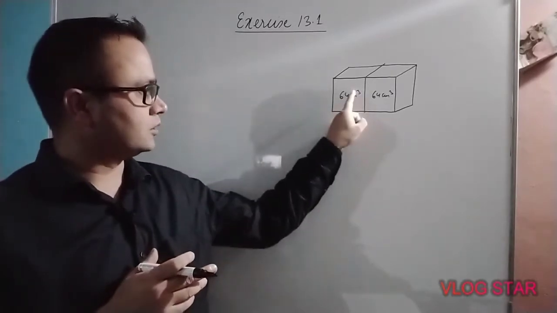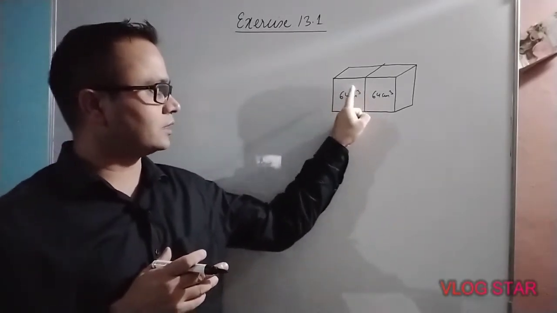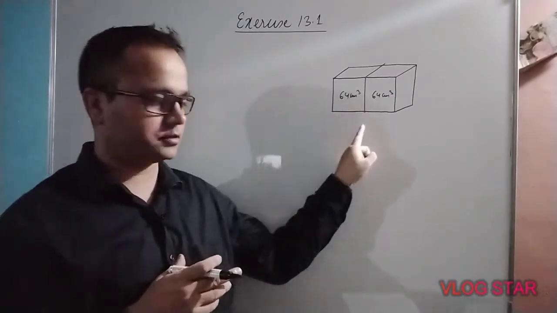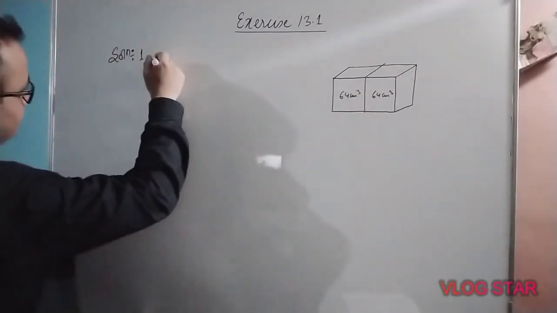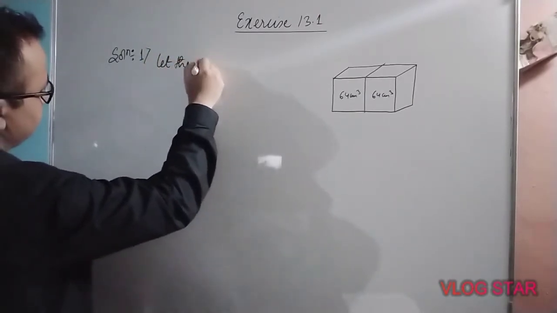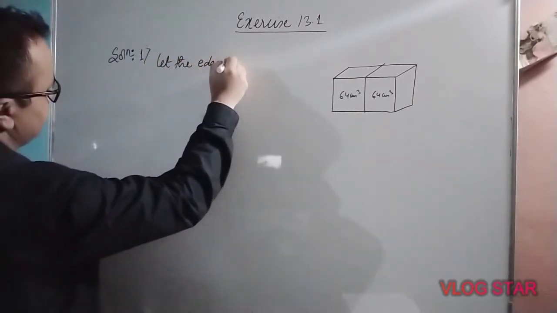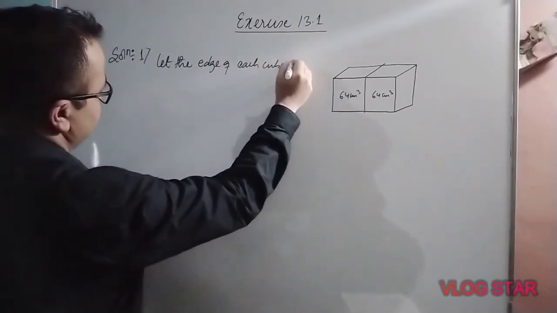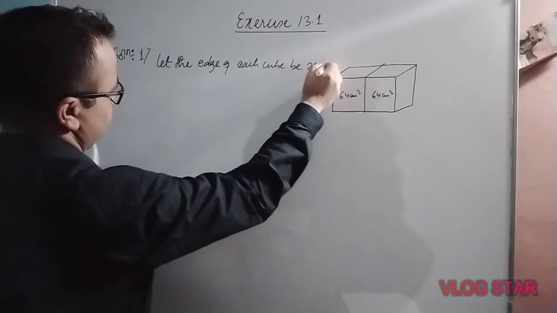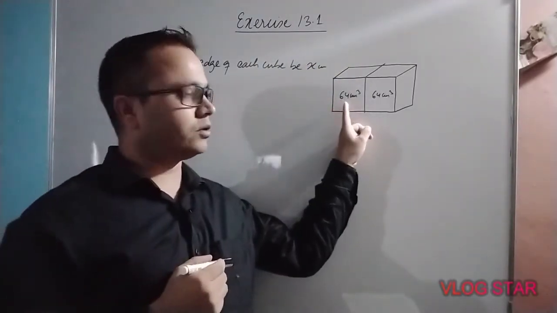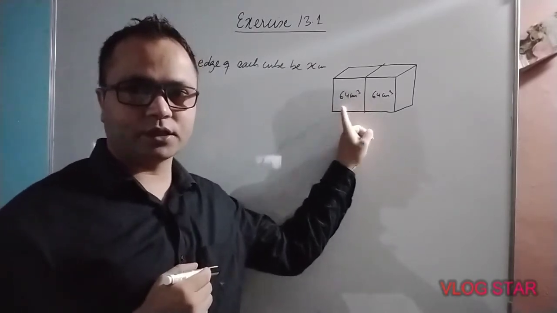For the cuboid, first we will calculate the edge of the cube. Let the edge of each cube be x centimeter. It is given that the volume of each cube is 64 centimeter cube.